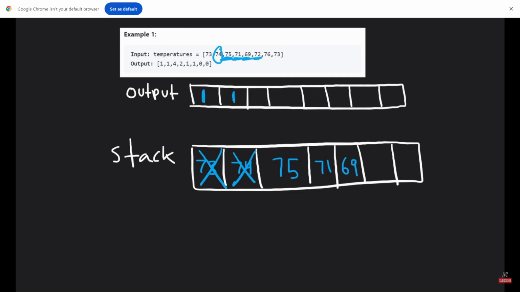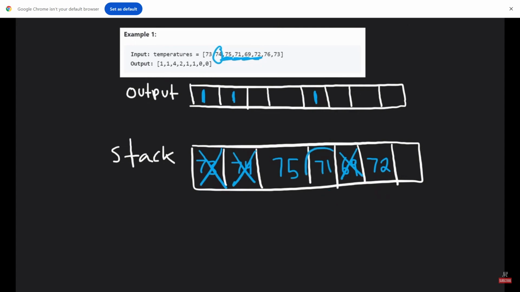Next, we get a 72, right? 72 is greater than 69, right? So we pop 69. What was the difference between the indices? It was 1, so in the corresponding output position for 69, we're going to say, okay, there was an index difference of 1. Now we're going to look at the next top of our stack, 71. The difference between these two is 2.